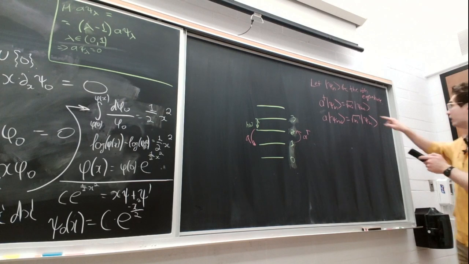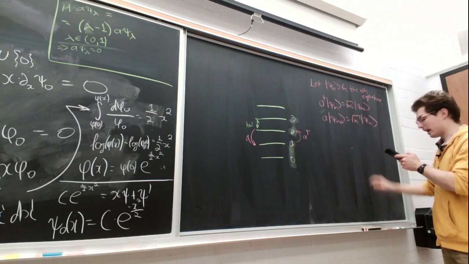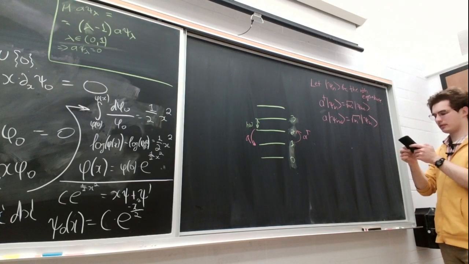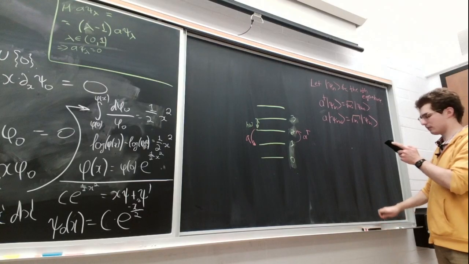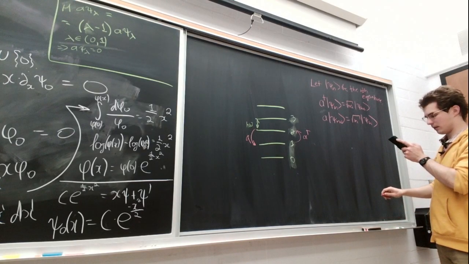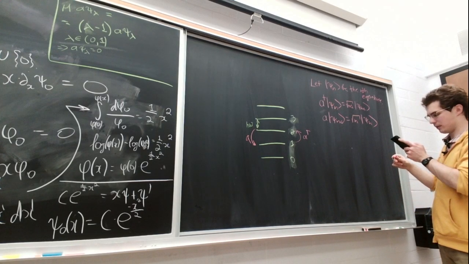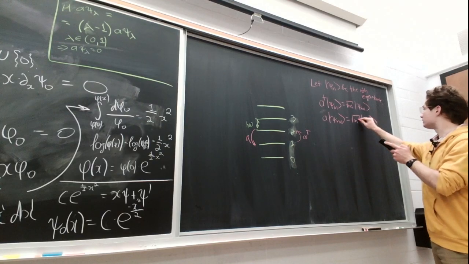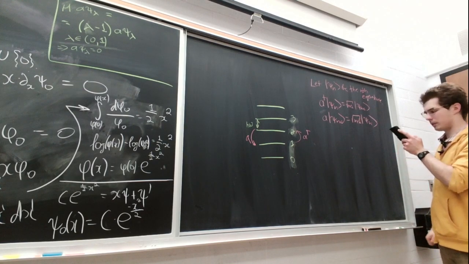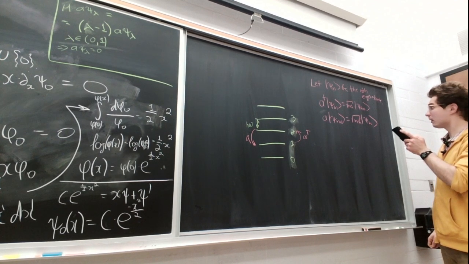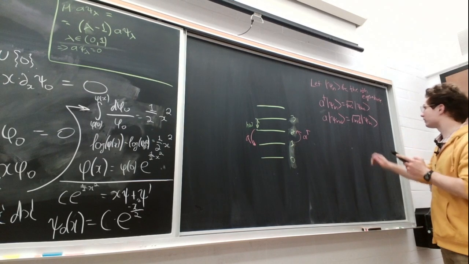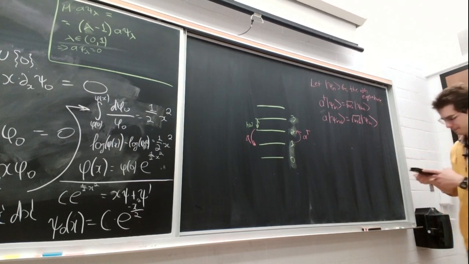No, this one is correct, and this one's also correct. No, it's not correct. It's n plus 1. Okay, it's still n plus 1. Psi n gets sent to n plus 1, and a psi n gets sent to, yeah, that's right.